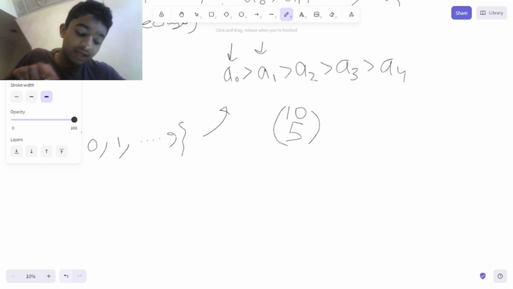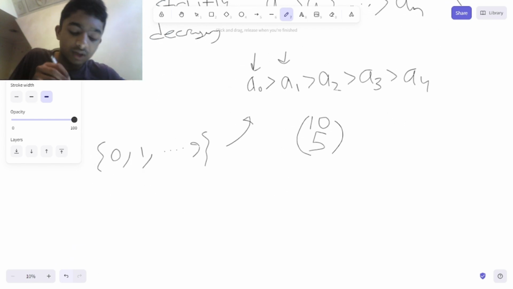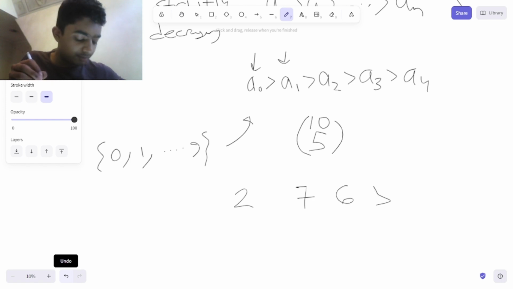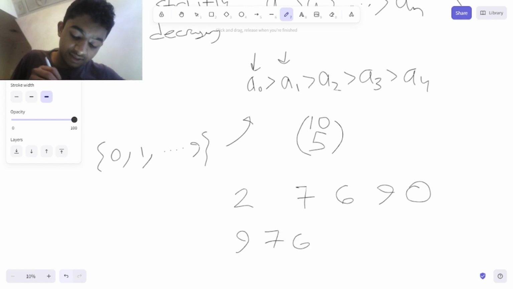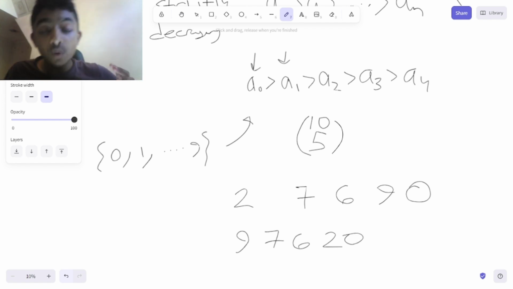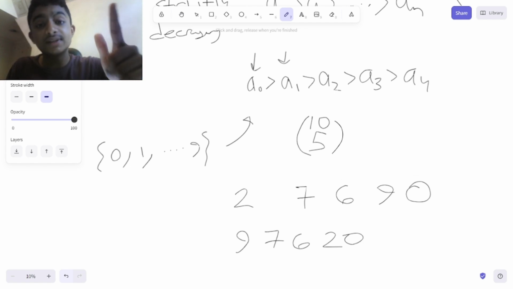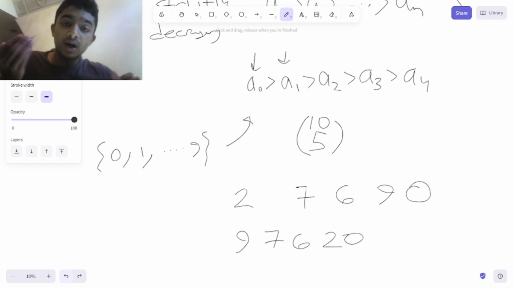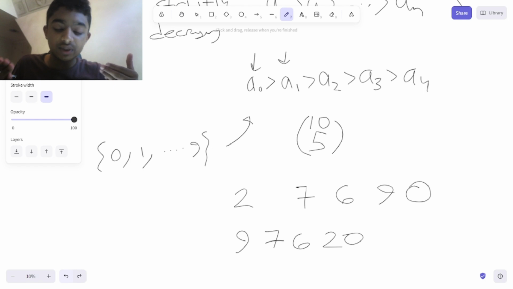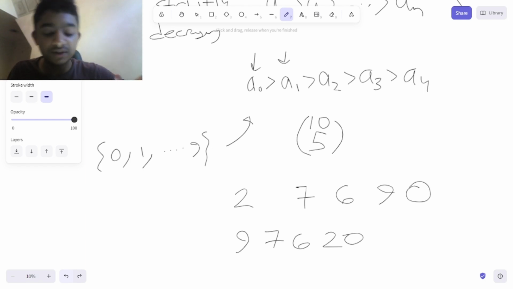Now, let's say that we chose, just for argument's sake, 2, 7, 6, 9, 0. There exists exactly one strictly decreasing sequence: 9, 7, 6, 2, 0. Why? Because there's always exactly one greatest integer, exactly one second greatest integer, and so on. So there's exactly one strictly decreasing ordering for any 5 distinct digits.